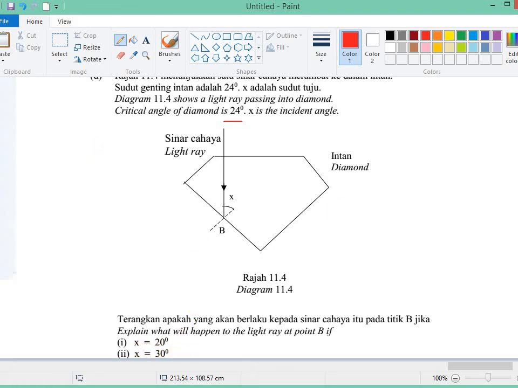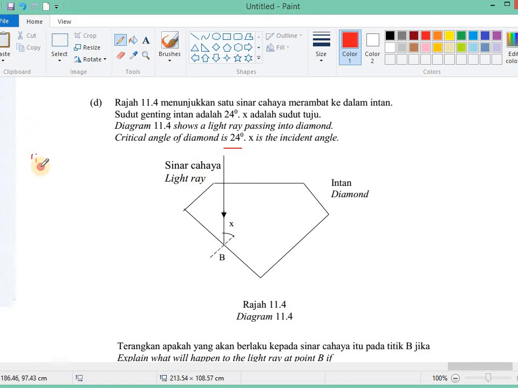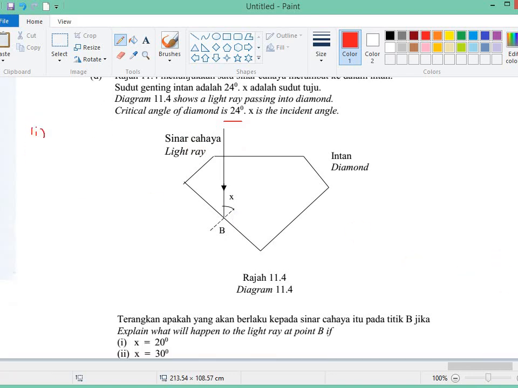Okay, so let me write the answer here. Because the critical angle is 24, if the angle of the light is 20 degree, it will not have total internal reflection because it's less.